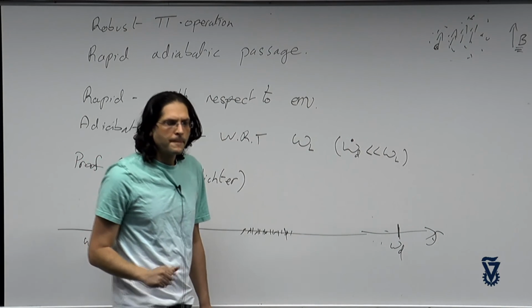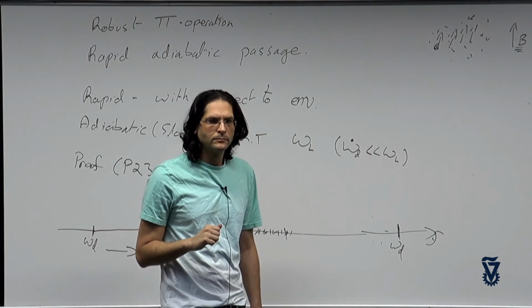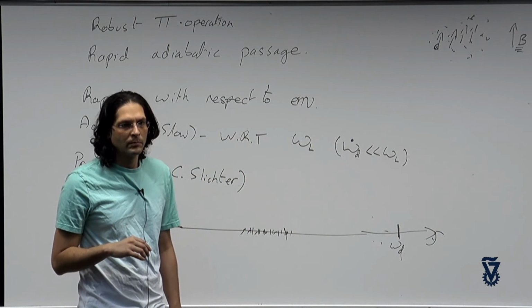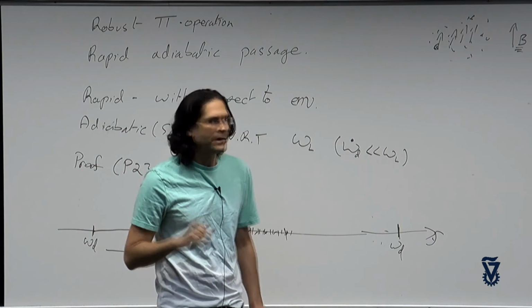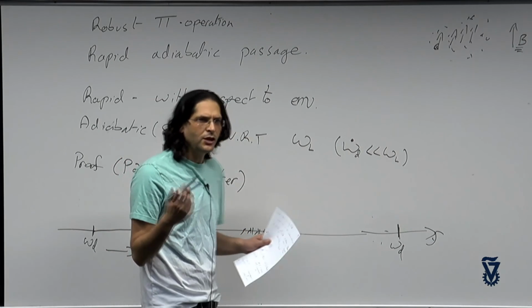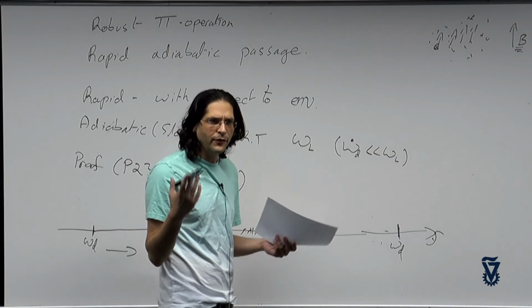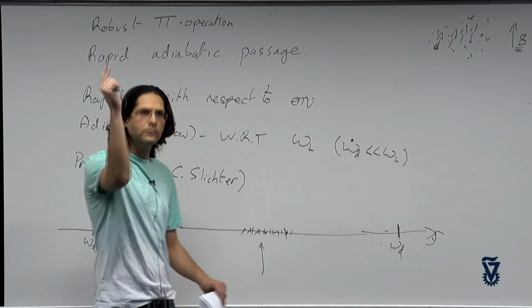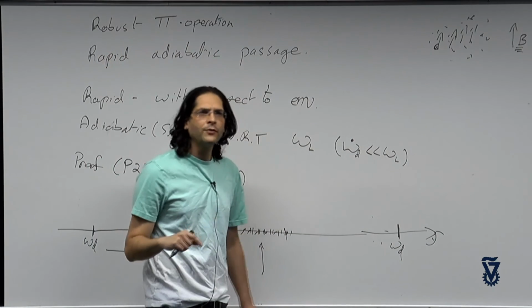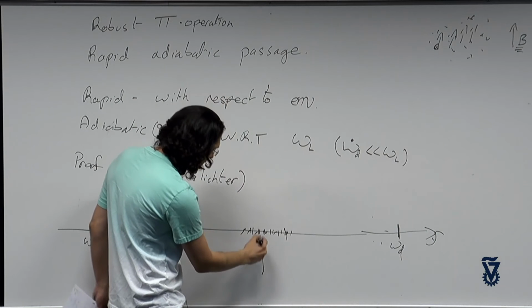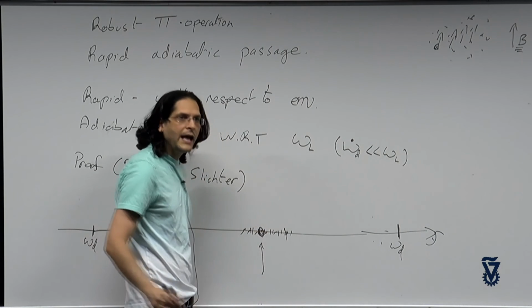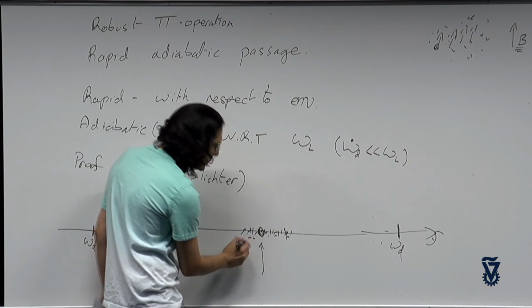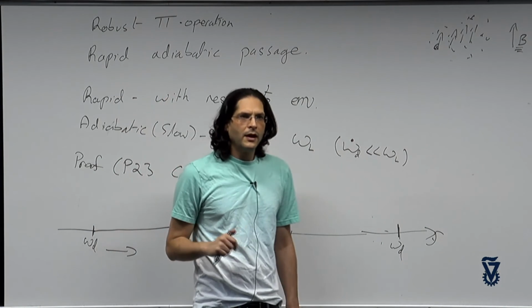And once you have done it, you can do other operations without the scan, right? Because you can do whatever you want, but note that any operation that you do with just AC field driving, if you just drive on resonance over here, you can also try to do this pi rotation by driving over here, but then you'll be flipping anyone that's around here by 180 degrees, but all these will be flipping at a different angle, right?